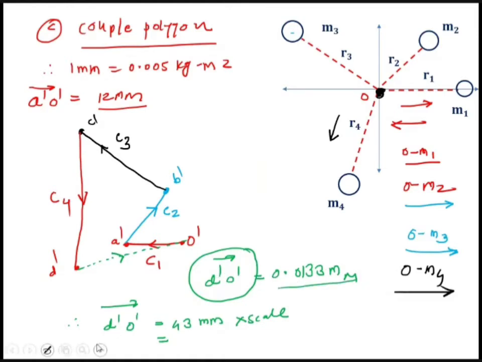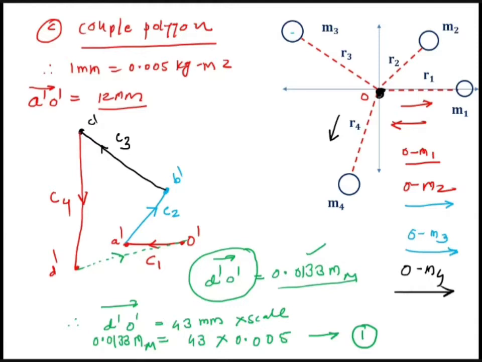So I will write here: 0.0133 mm is equal to 43 into the scale, 0.005. Now from this equation, the vector D dash O dash indicates the balancing couple 0.0133 mm, which is equal to the measure of this D dash O dash, 43 mm, multiplied by scale.